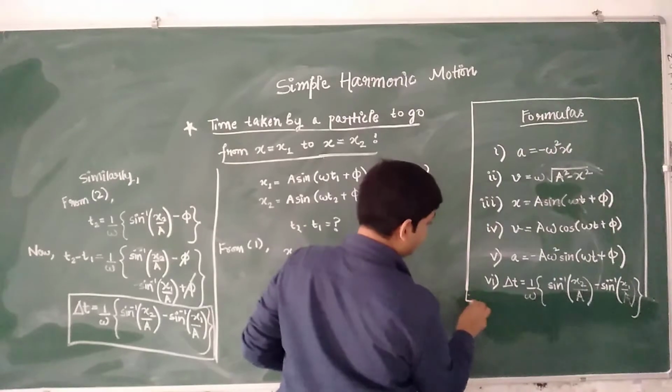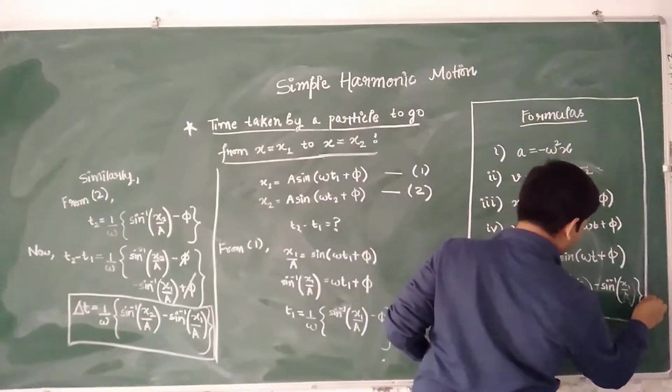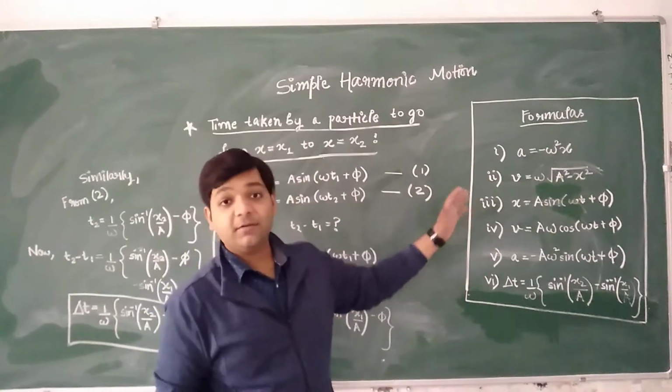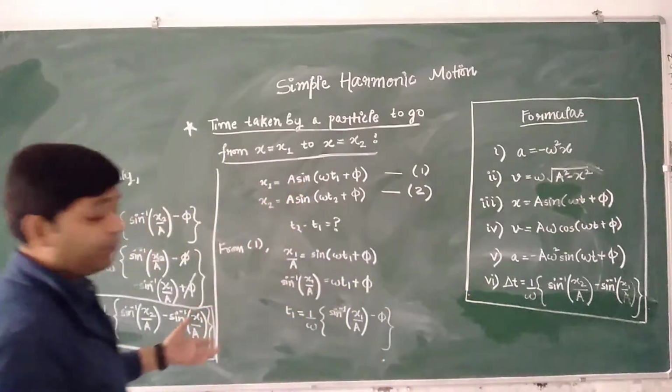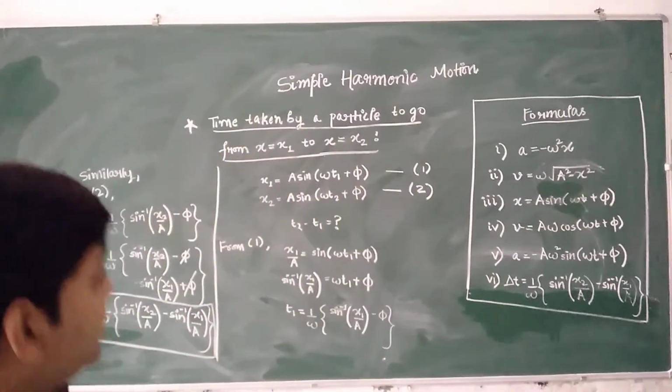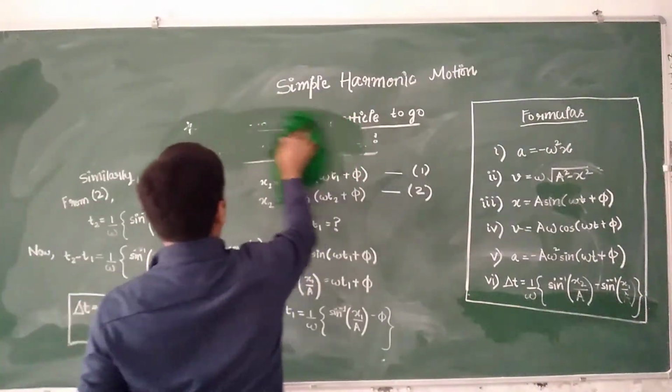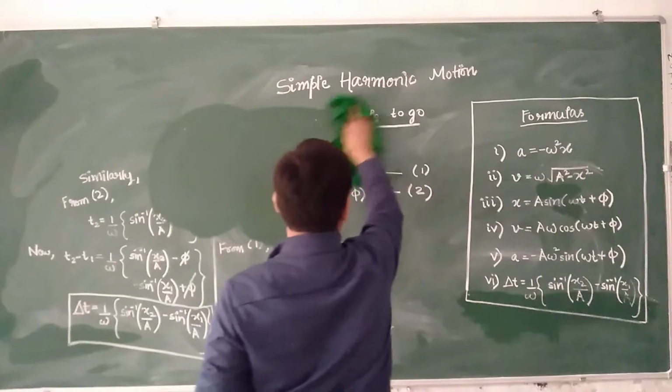So these are the six formulas on which the numerical problems will be based as of now. So I hope you have already noted this down. So now I am going to erase this and we are going to solve a few problems.